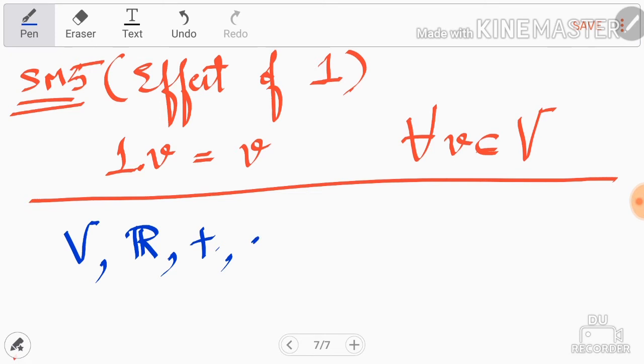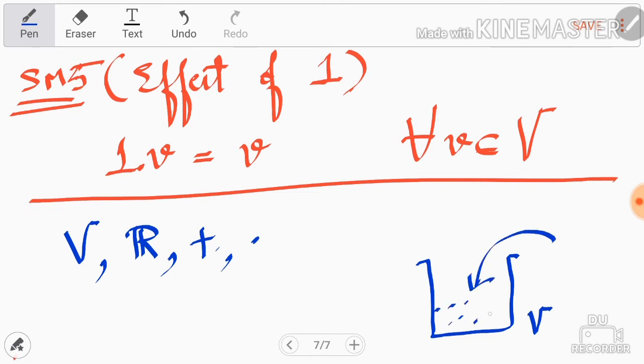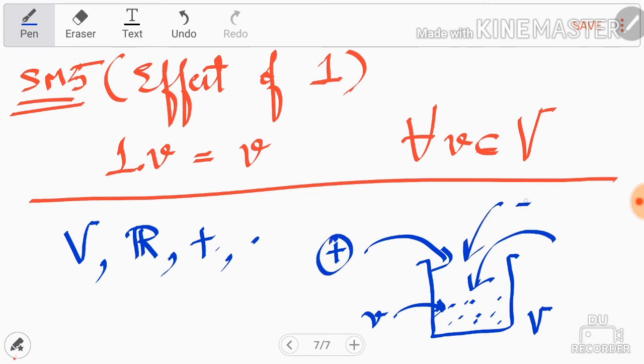So how do you cook a vector space? You take a tumbler, which is V. Of course, pour some elements into it. Those are our elements v. Okay, and you add vector addition and scalar multiplication into it.